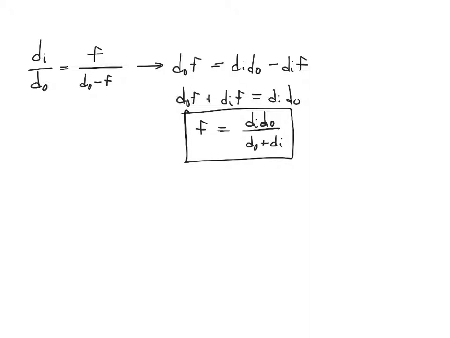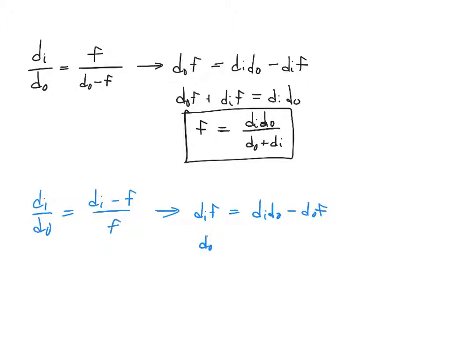And then just interestingly here, this also equals the other ratio, the di minus f per f, which means, and this all works out the same, which is nice, if I put all of these things together, then I still have the same ratio.